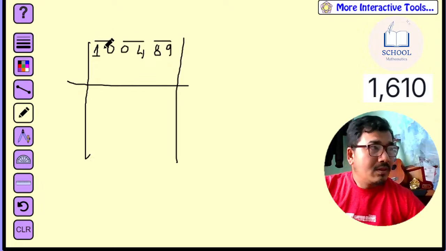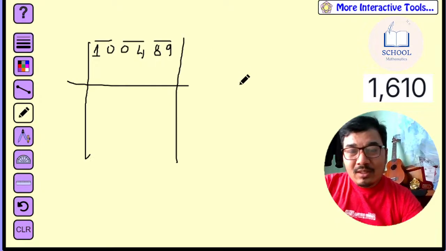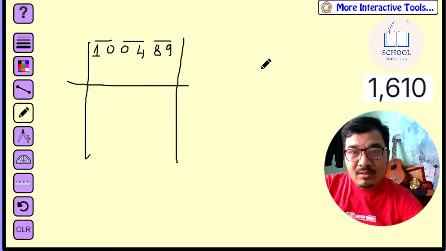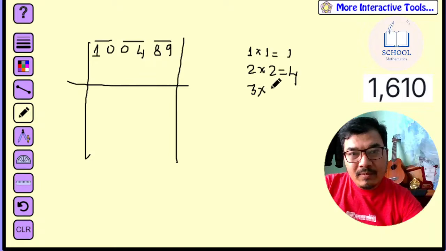Okay, and for this square root by division method, we have to use the multiplication table of, as I told you before in the previous question also, 1 1s are 1. Okay, and the next one is 2 multiplied by 2, it's 4, right? 3 multiplied by 3, it's 9, right?